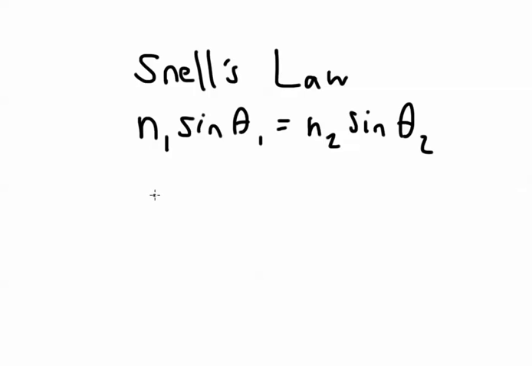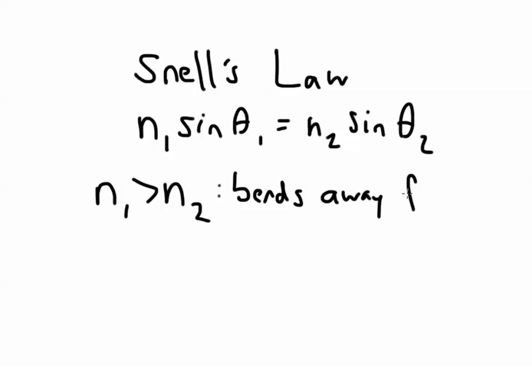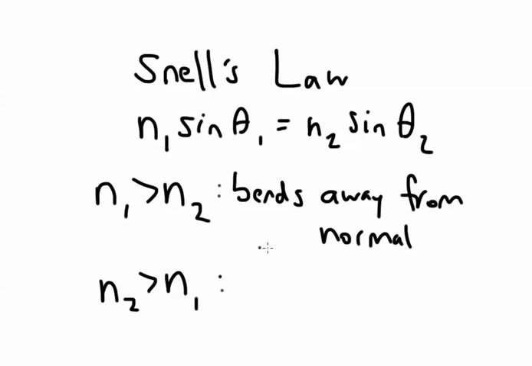And we've also learned qualitatively that if n1 is greater than n2, then the light will bend away from the normal, and if n2 is greater than n1, then the light bends toward the normal.